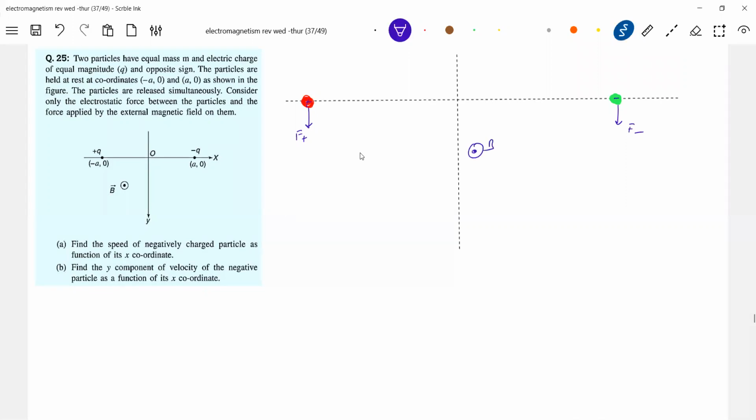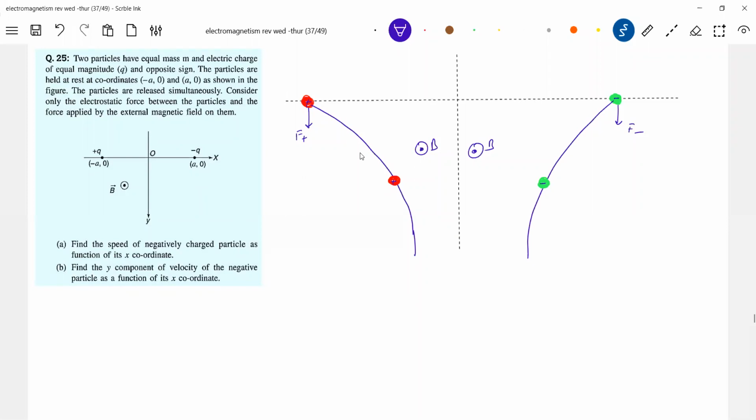Look at this. This is the B bar. In both the regions, it is there. So how is the path going to be a curved path? I'm giving a rough diagram. This will be positive, this will be negative.